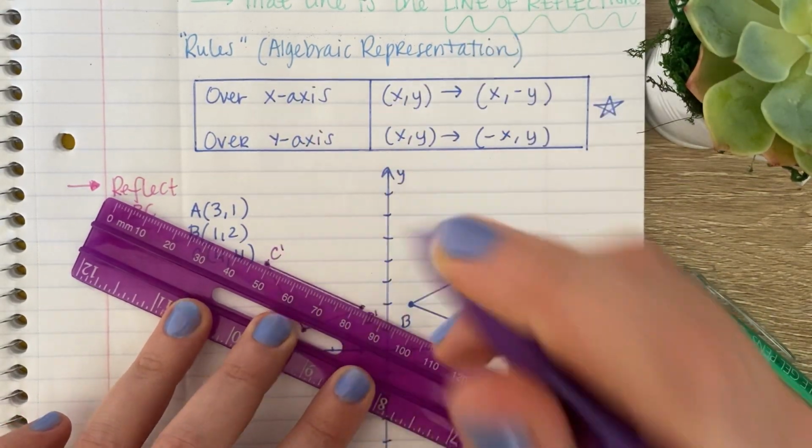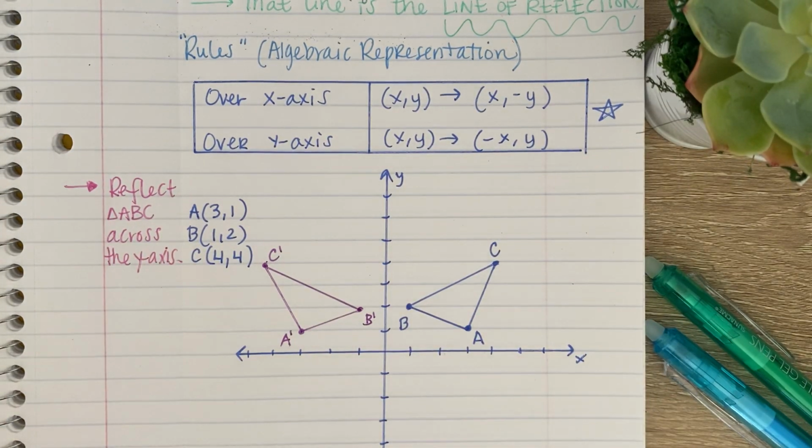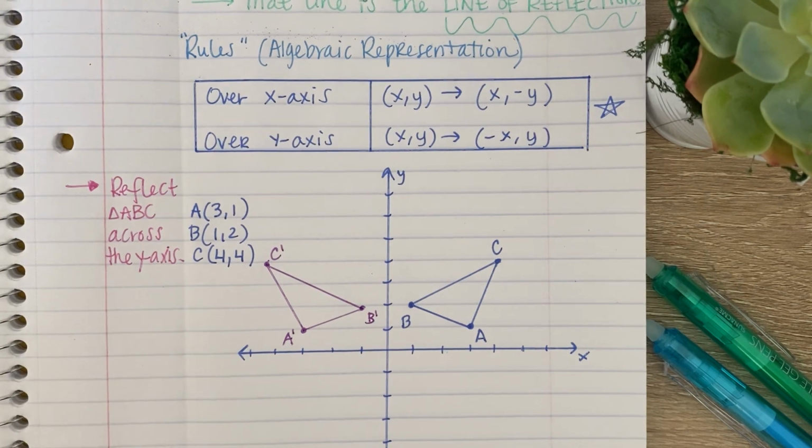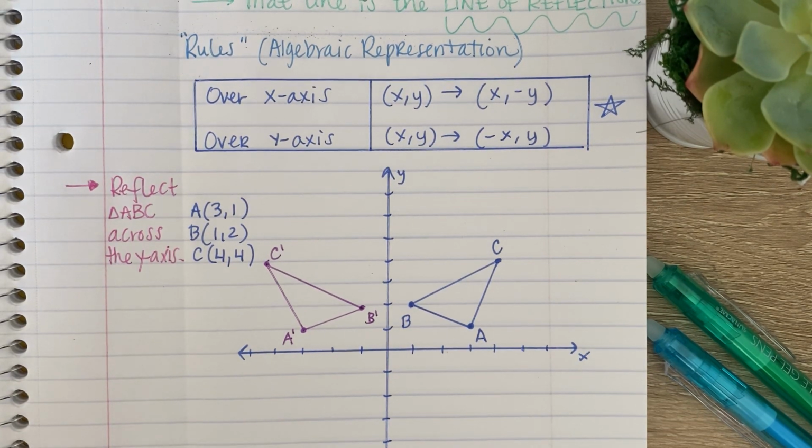Now, you're like, okay, Ms. Z, well, if all we're doing is counting units, well, that's super easy. Yeah, I mean, it shouldn't be too difficult, but let's go ahead and use the rule just to double check to see if we have our points written down or plotted correctly.